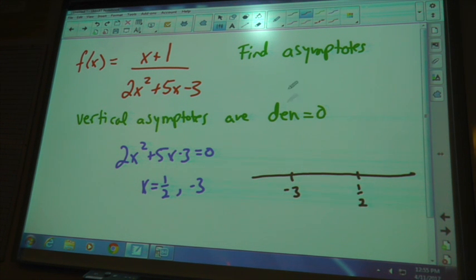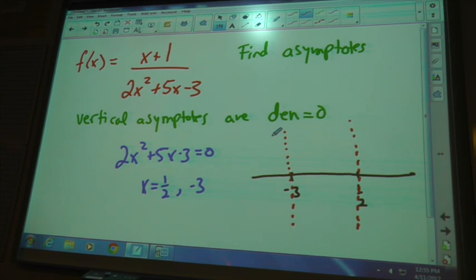And I know for sure that there's going to be an asymptote here and an asymptote here, because I'm dividing by 0 at -3 and I'm dividing by 0 when x is 1/2.